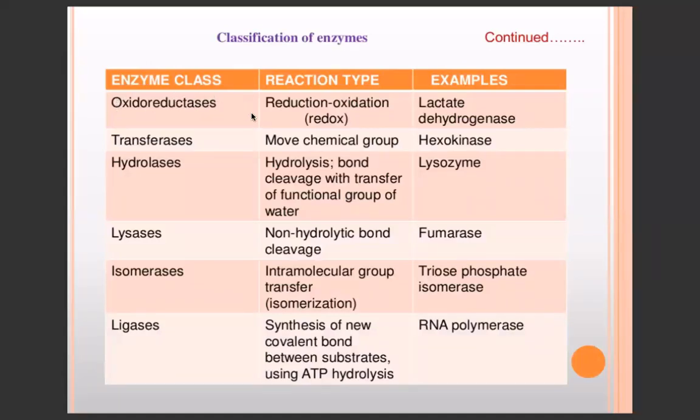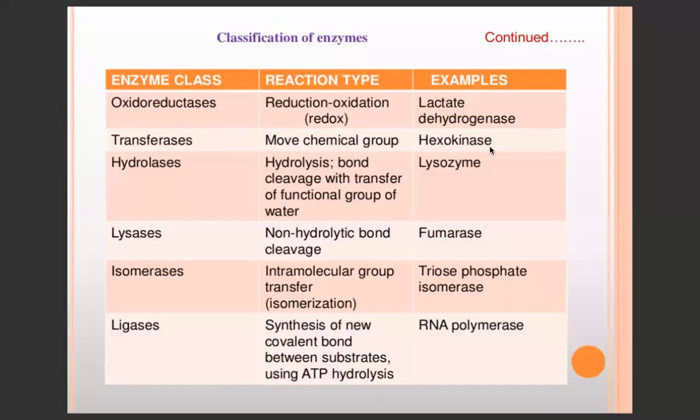Oxidoreductases are enzymes which help in oxidation-reduction reactions. An example is lactate dehydrogenase. Please remember, lactate dehydrogenase is related to oxidoreductases. For example, hexokinase belongs to the transferases class.